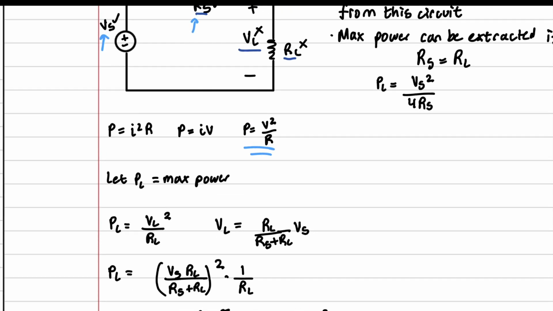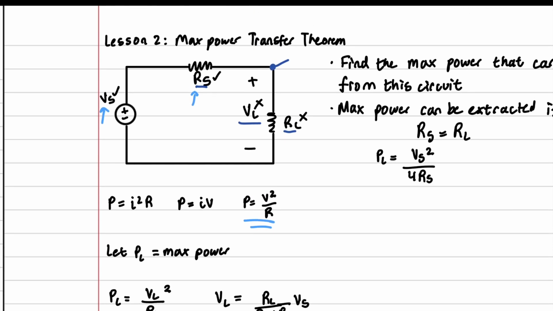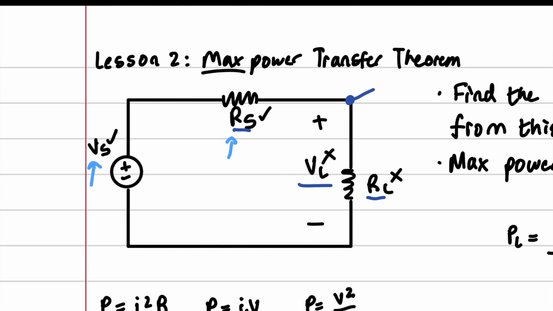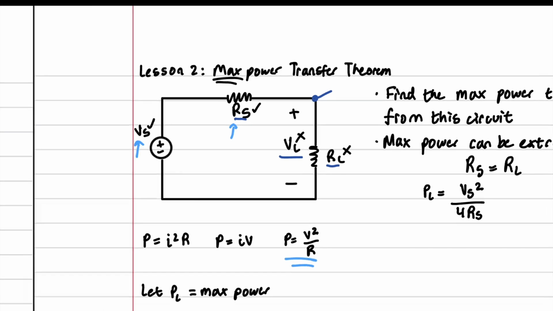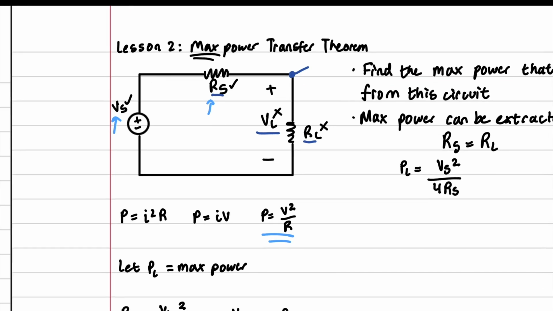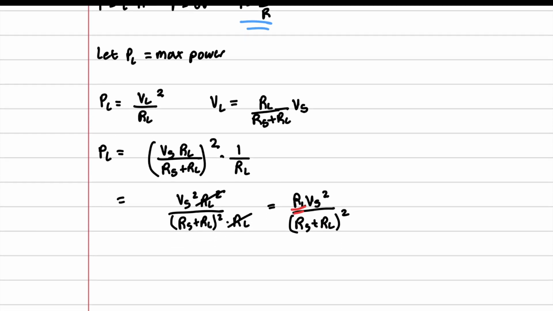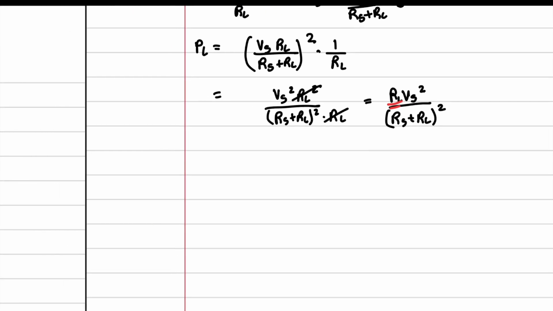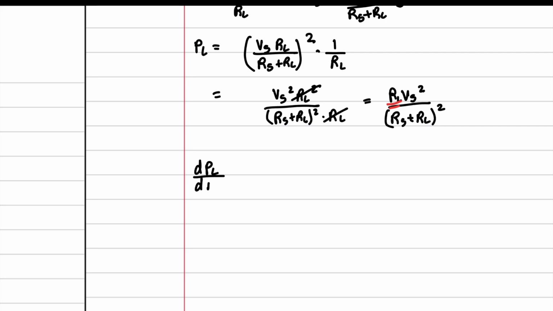So from our calculus days, right, when we see something maximized, what do we think of? We think of the derivative being 0, okay? So we are going to take the derivative of this power, this max power function, with respects to RL, because that is our unknown, and we're going to equal it to 0.